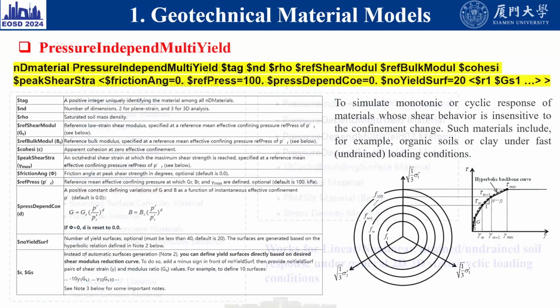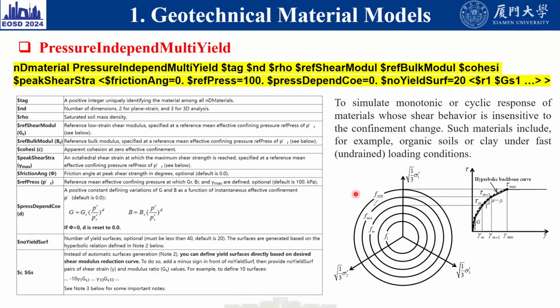So let me briefly introduce the pressure independent multi-yield model. This model was developed to simulate the monotonic or cyclic response of materials whose shear behavior is insensitive to confinement change.